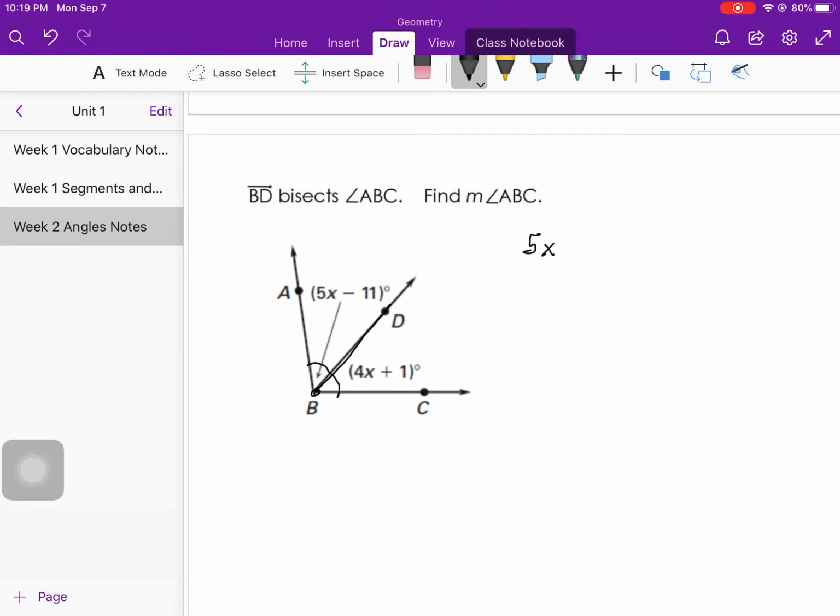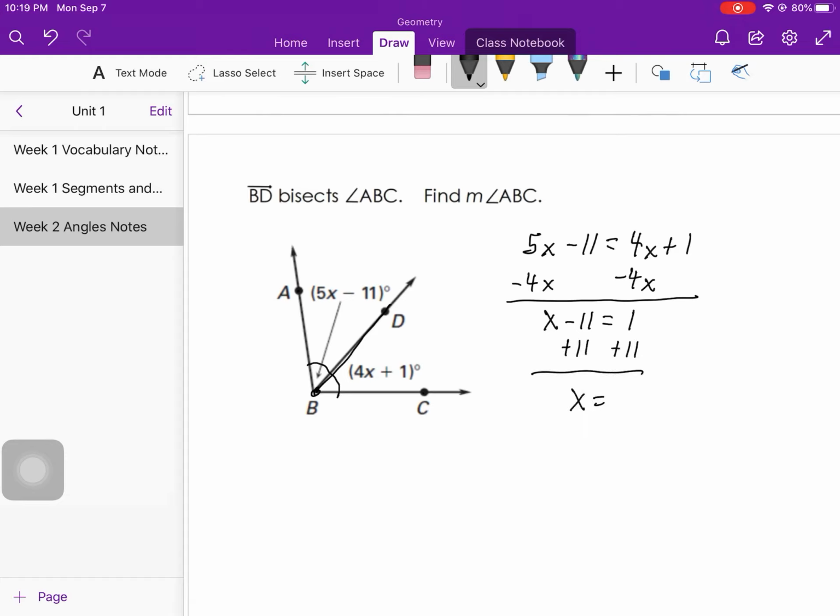So what we're going to do is just set 5x minus 11 equal to 4x plus 1, since they're congruent angles, and then we can just solve. So subtract 4x, x minus 11 equals positive 1, add 11 to both sides, x equals 12.